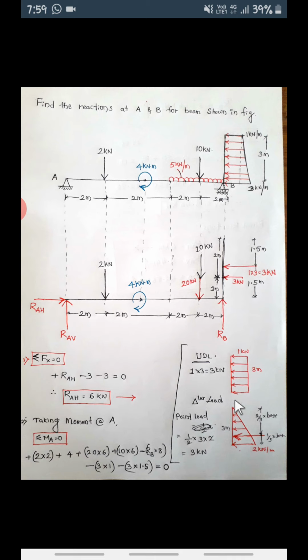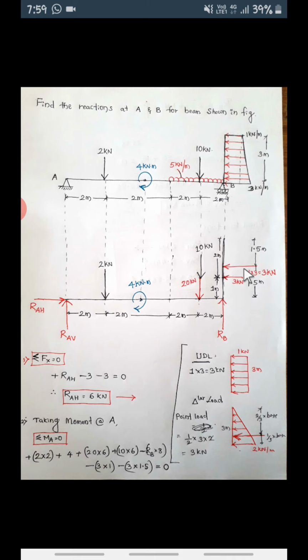What is the base now? This total base is 3 meter. So 2/3 into 3 means 2 meter. So 2 meter from this 0 intensity end.